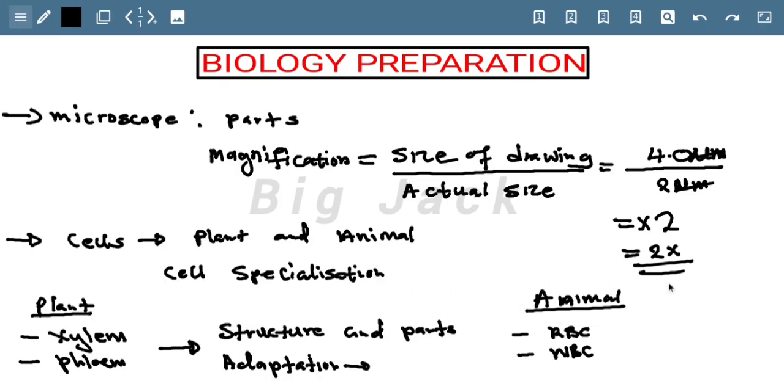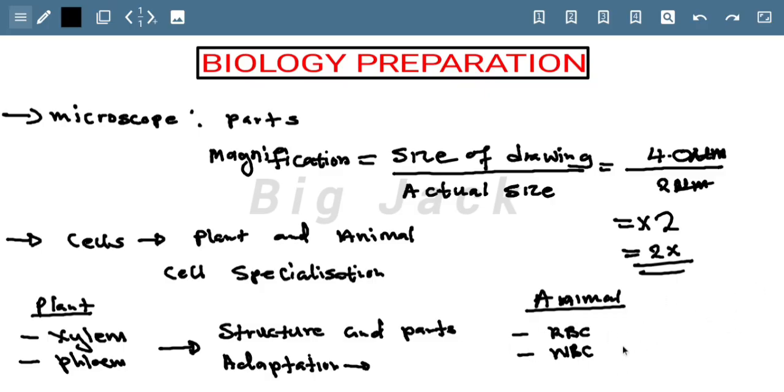Apart from identifying, they are going to ask you what's the difference between cell A and cell B. Of course, let's say cell B, being a red blood cell, is an animal cell. Animal cells have a nucleus, but this one doesn't have a nucleus, so you need to include that one. Cell A has a nucleus, while this one doesn't have a nucleus. Of course, it's an animal cell, but it doesn't have a nucleus.